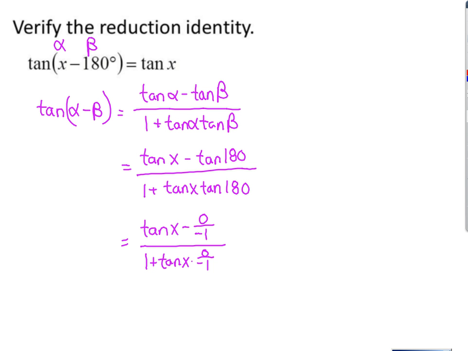Tangent of x minus 0, because 0 divided by negative 1 is just 0, will just give us tangent of x. Tangent of x times 0 over negative 1 will just be 0. 1 plus 0 is 1. And anything divided by 1 is just itself, so this will just equal the tangent of x.